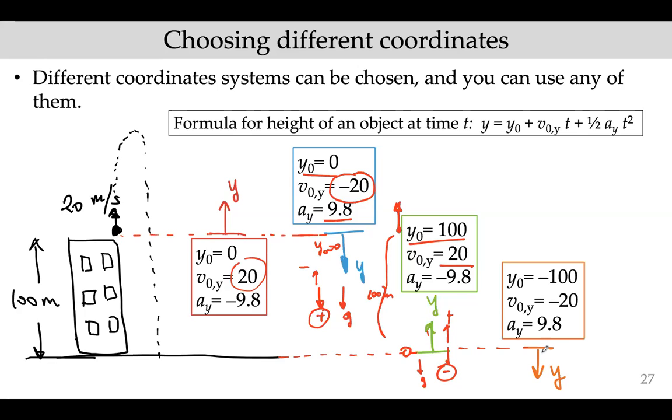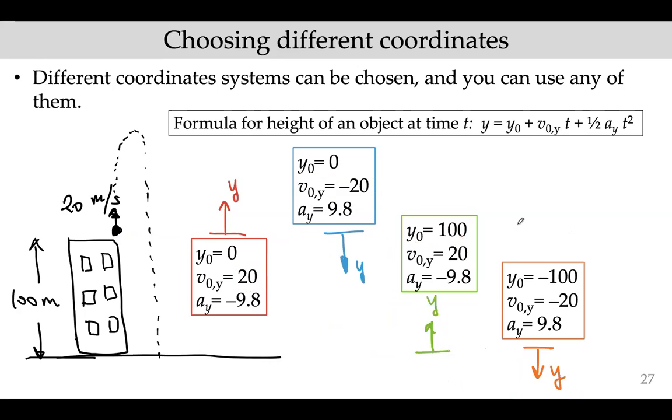And finally, if you use this coordinate system, what changes is the initial position. This point is 0, and the ball is somewhere here. This distance is 100. But if you go in this direction, the up direction, these are actually negative numbers, right?